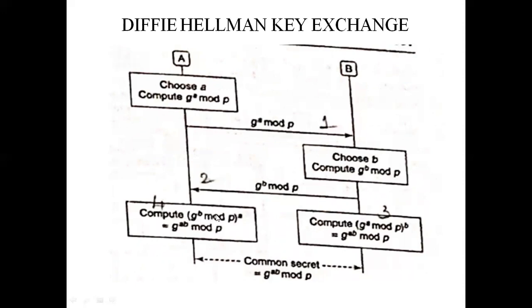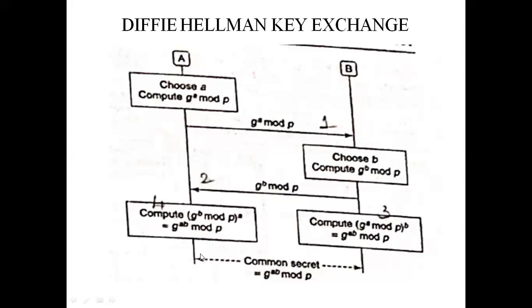We multiply this and get G^ab mod P. In the same way at B's end, on receipt of B's message, A computes G^a mod P to the power b. We multiply and get G^ab mod P.